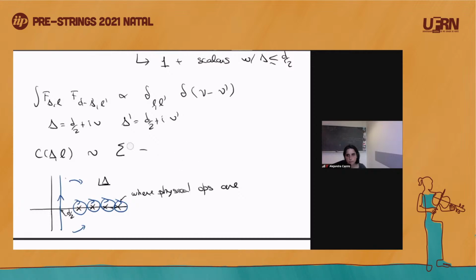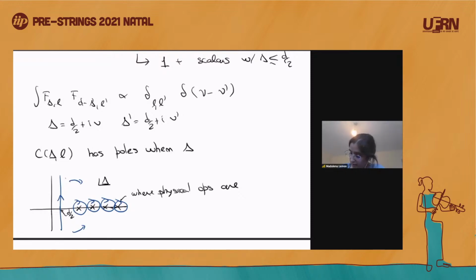Let me start again. So this C delta L has poles when delta is equal to the dimensions of the operators in the series.